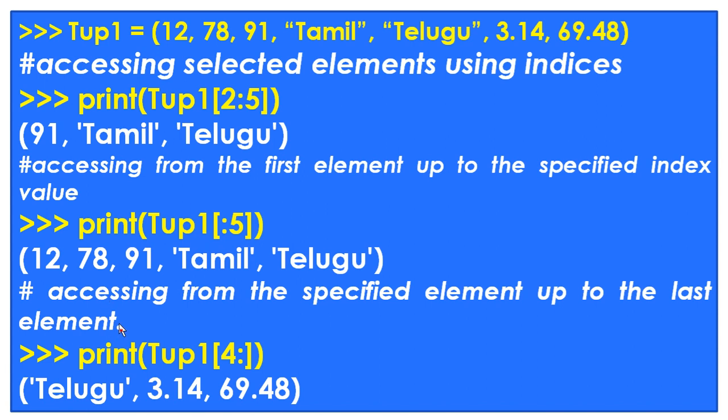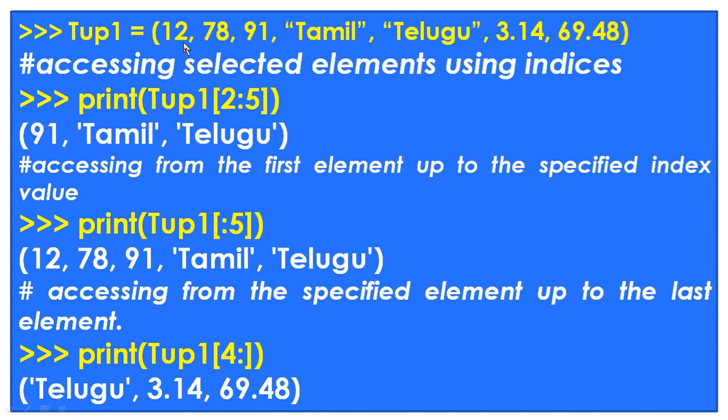In another example, accessing from a specified element, that is the 4th element, up to the last element, we give the command print tup1 4 colon. Here the end index value is not given, only the starting value is given. So from the 4th element to the end element, it produces the result.